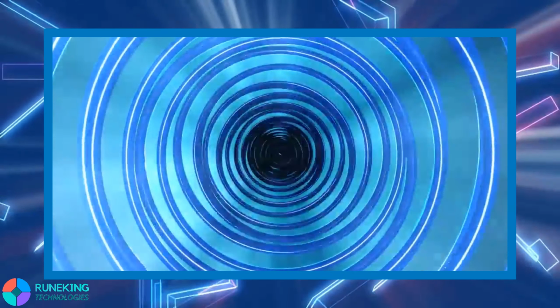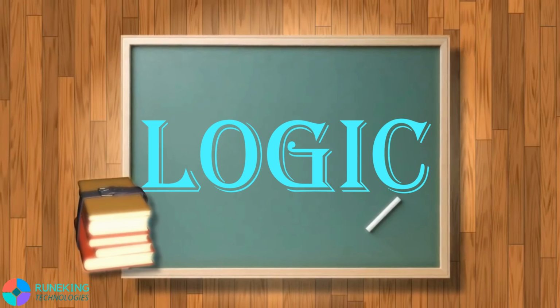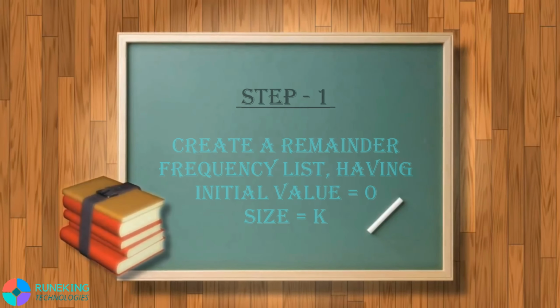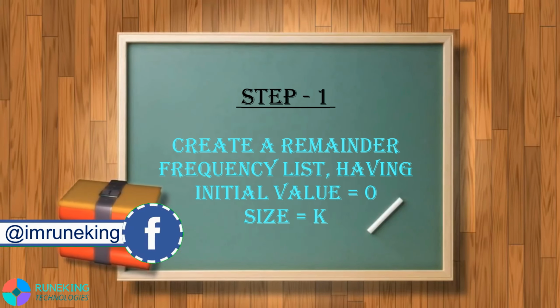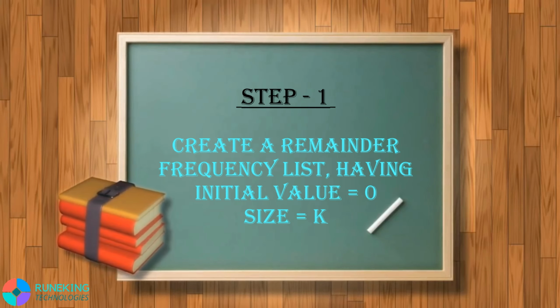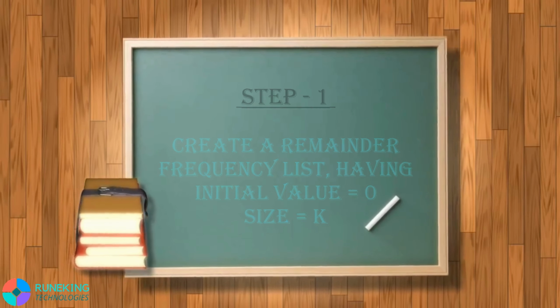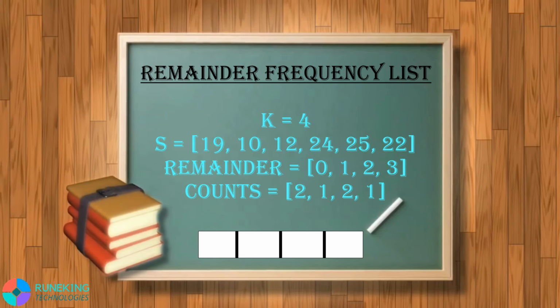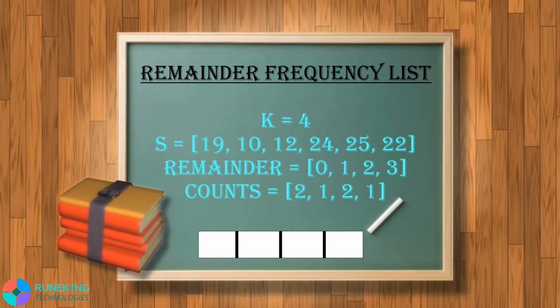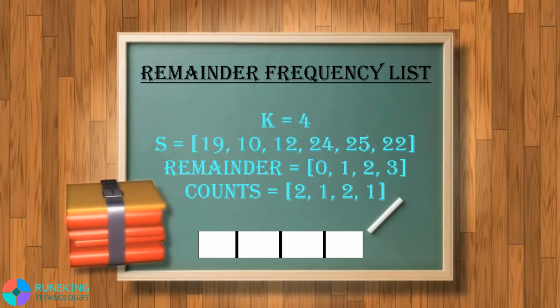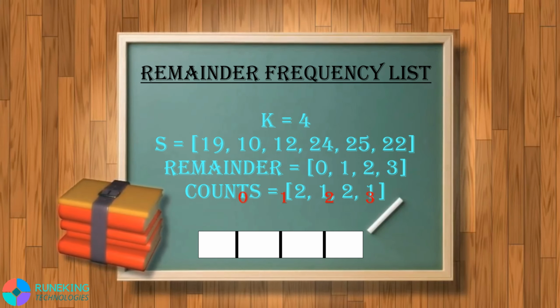So as we have understood the problem, our next step will be to build the logic. According to our logic, our first step is to create a remainder frequency list in which initially all the values are 0. Before going forward, we need to understand what the remainder frequency list is. It is a list in which the index of the list acts as the remainder.